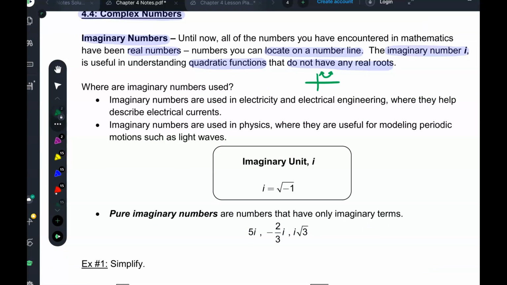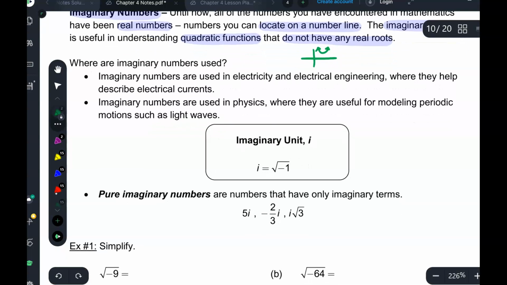So imaginary numbers, where are they used? They're used in electricity and electrical engineering. They describe electrical currents, and are also used in physics, modeling periodic motions such as light waves. In Algebra 2, we're just going to get the basics, and then you'll get a little bit more of that in pre-calculus.